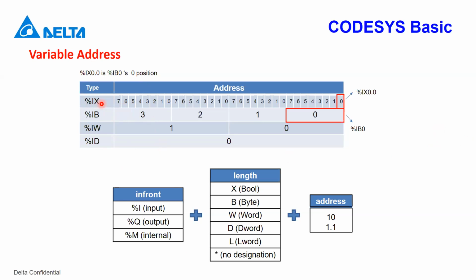It has 8 bits, which become a byte, then 2 bytes become 1 word, and 2 words become 1 double word. This is the definition. You can see I means input, Q means output, and M means the internal device.